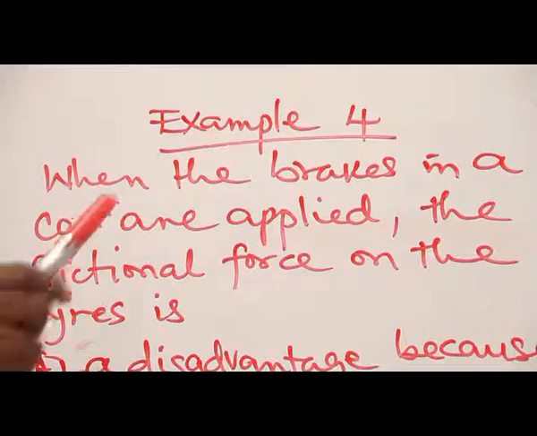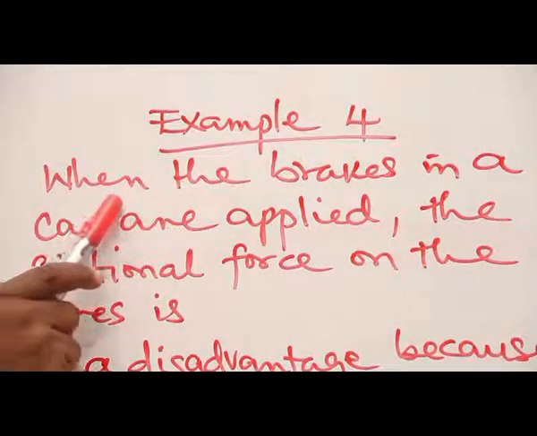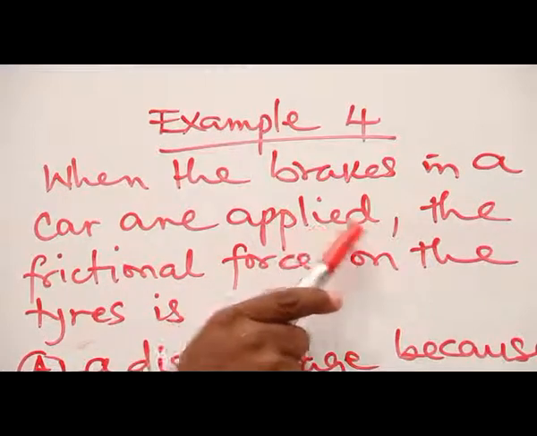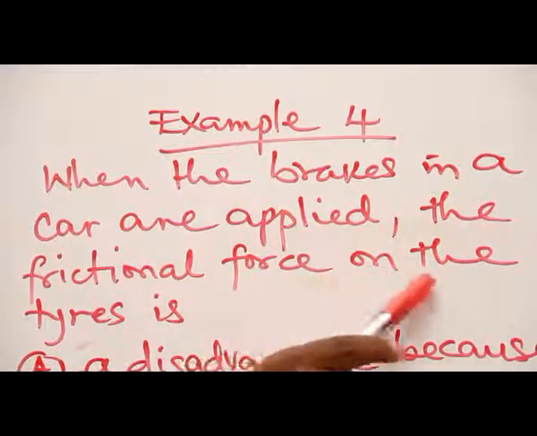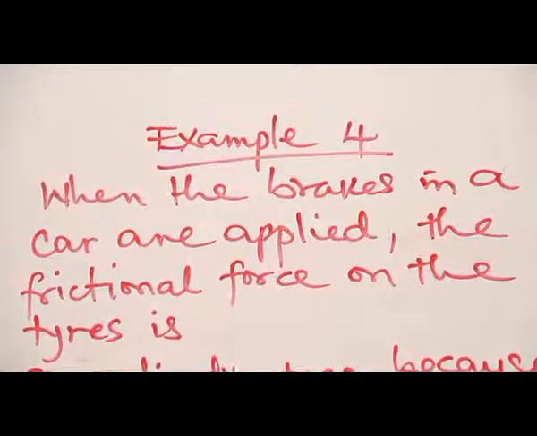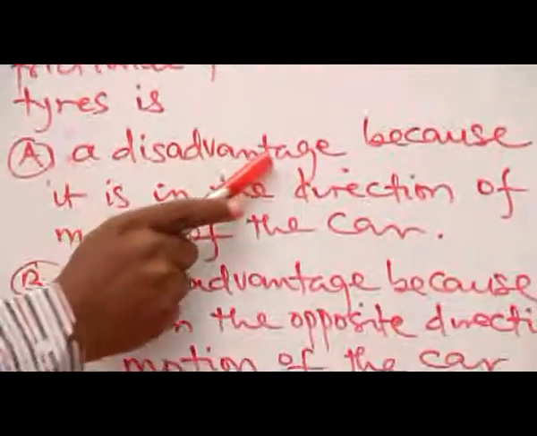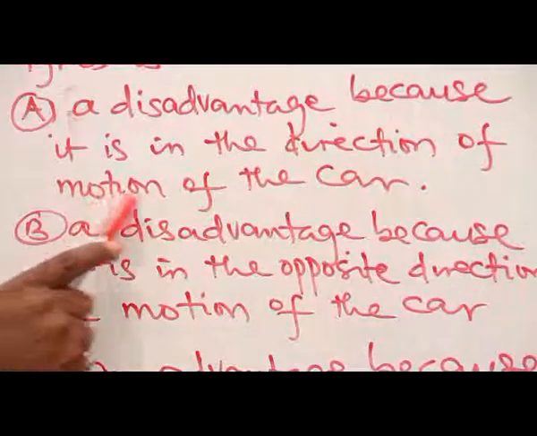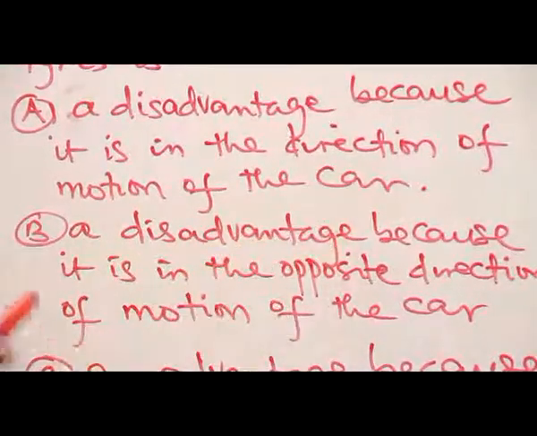Example 4. When the brakes in a car are applied, the frictional force on the tires is A, a disadvantage because it is in the direction of motion of the car.